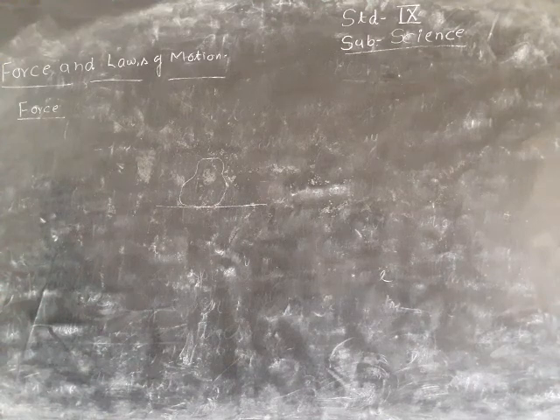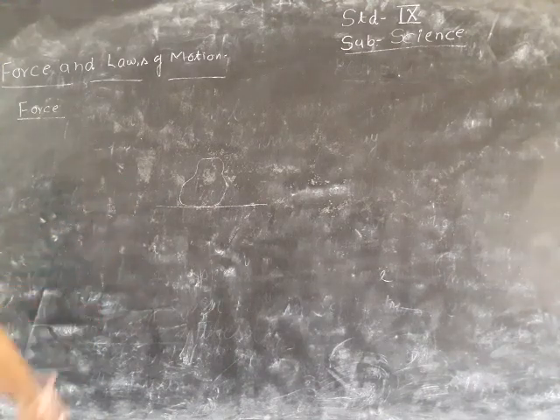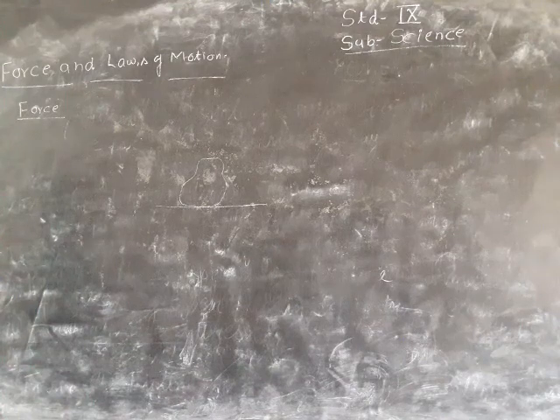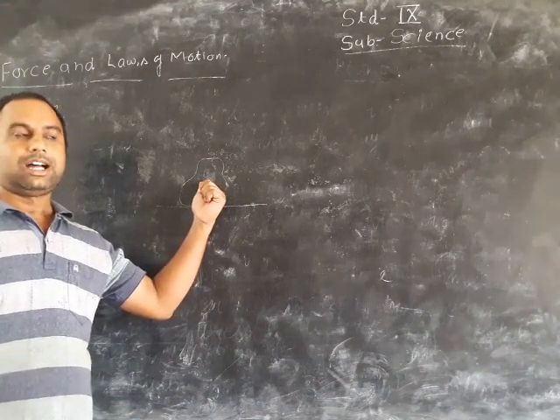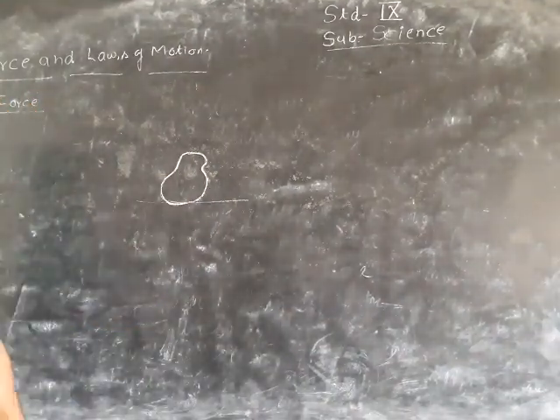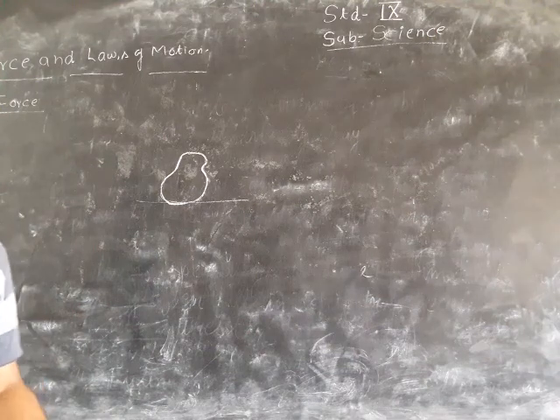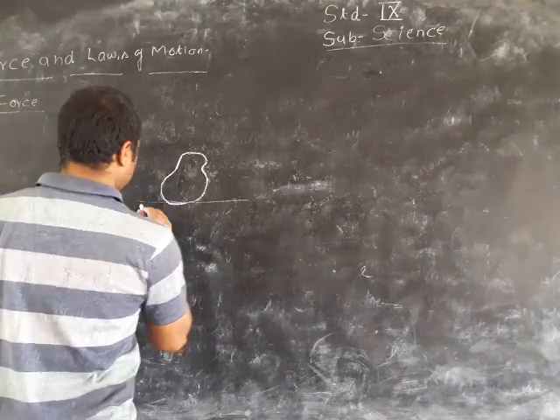If we place an external force on the system, then this object either is in motion or may not be in motion. What does it mean?